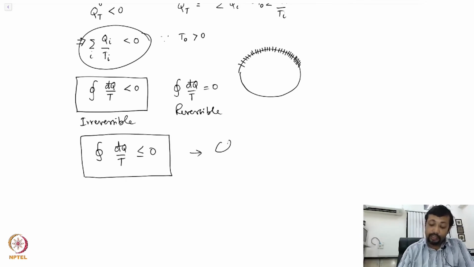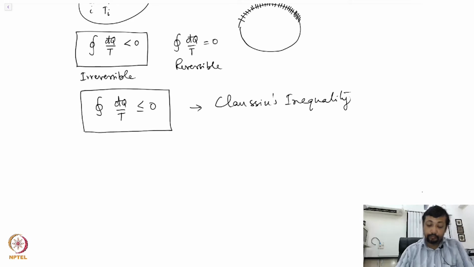This inequality is called Clausius's inequality, and it's very, very important in thermodynamics. So Clausius's inequality tells me that the cyclic integral of d cut q by T must be less than or equal to 0.